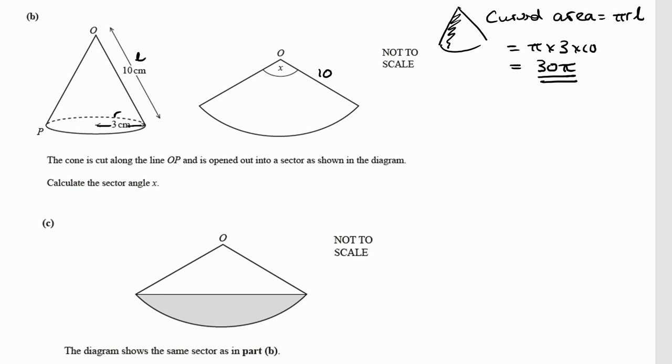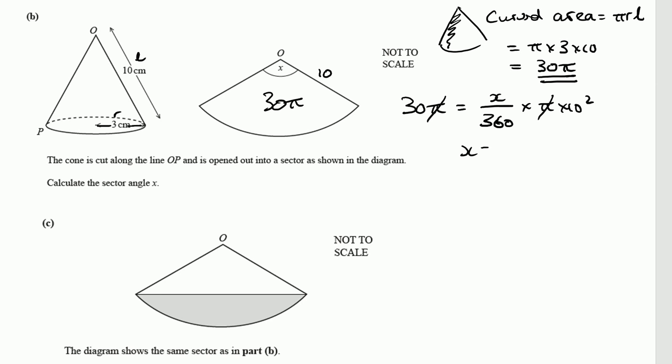That area must equal the area of this sector. So 30 pi, the sector area, is equal to that angle over 360 times the area of a circle, pi times 10 squared. And I can use this to work out x. Pi is appearing as a factor on both sides, so I can cancel it out.